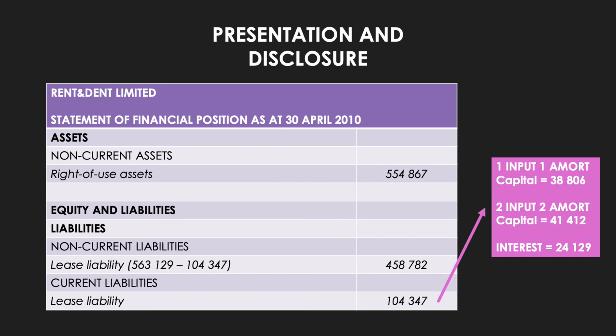Importantly, to this I've added the interest of 24,129 Rand, which I have capitalized to my lease liability at the end of the financial year. The reason that it was capitalized is because it related to the period under review, and therefore, in order to fairly represent our financial statements, we had to account for this interest. And the interest was capitalized to the lease liability instead of being recognized as an accrued expense.